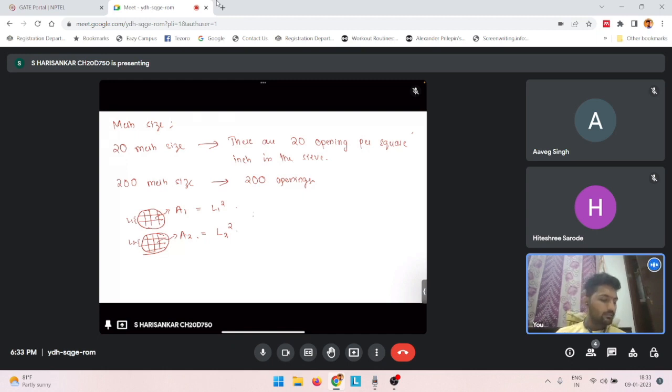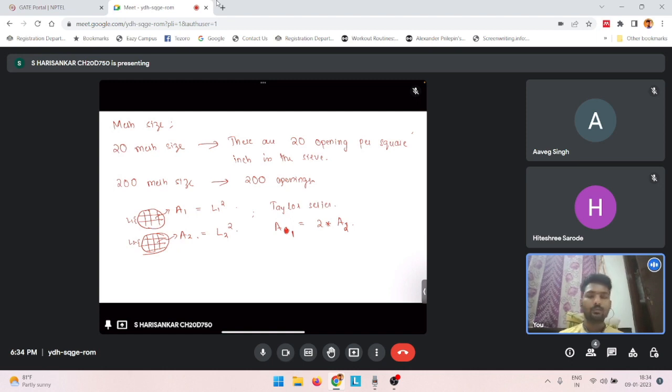Now, the concept is that the mesh sizes are arranged according to the Taylor series. A1 is on top, so A1 should be higher than A2. So the area on the top, A1, is twice the area of the bottom mesh, that is A2.